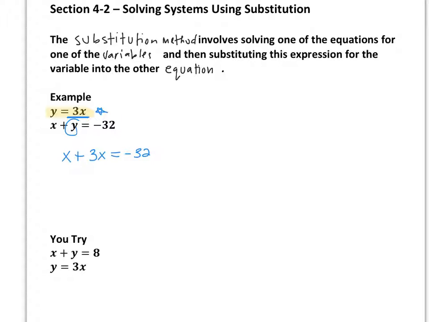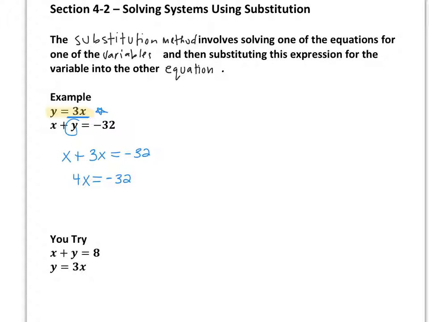All right, now we can solve this equation. x and 3x are like terms, so we can add those together. x plus 3x equals 4x, and that's equal to negative 32.